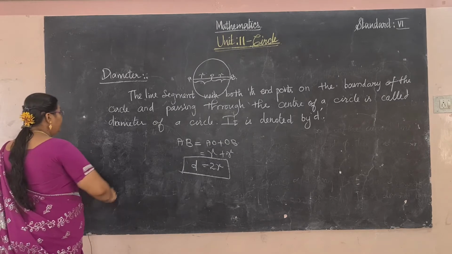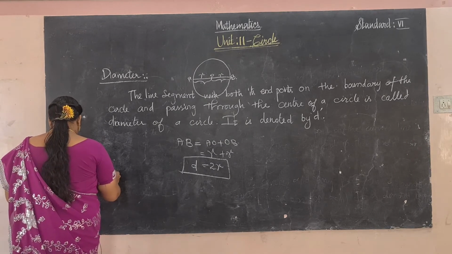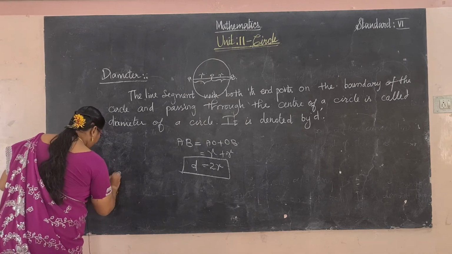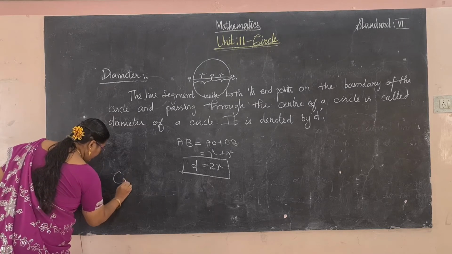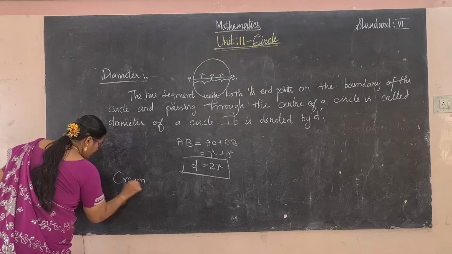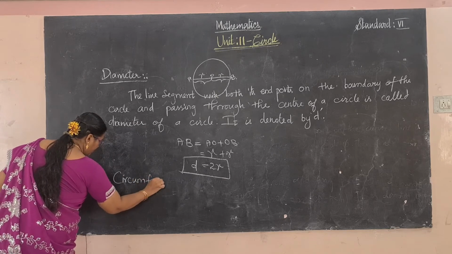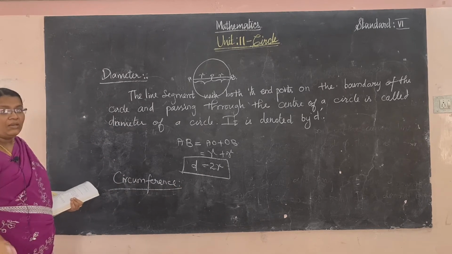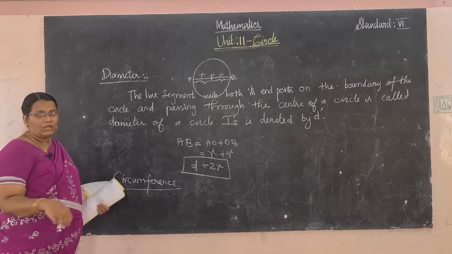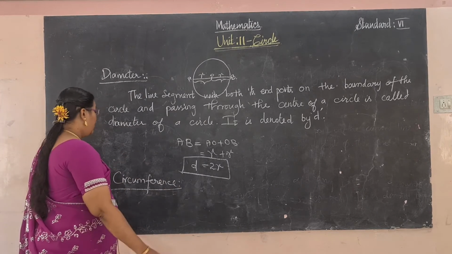And next, circumference. What is meant by circumference? Nothing, it is the boundary, the perimeter.